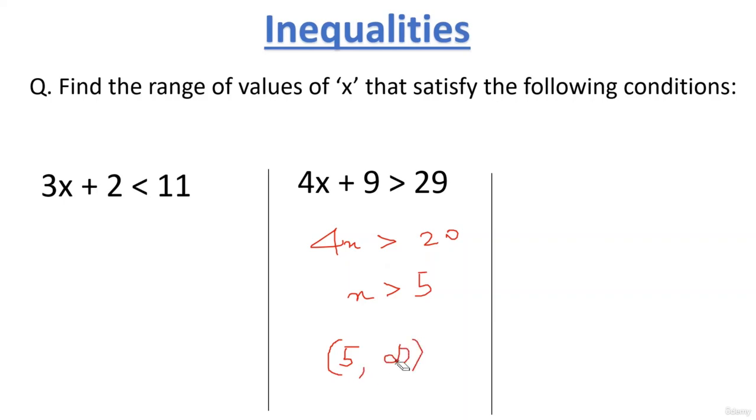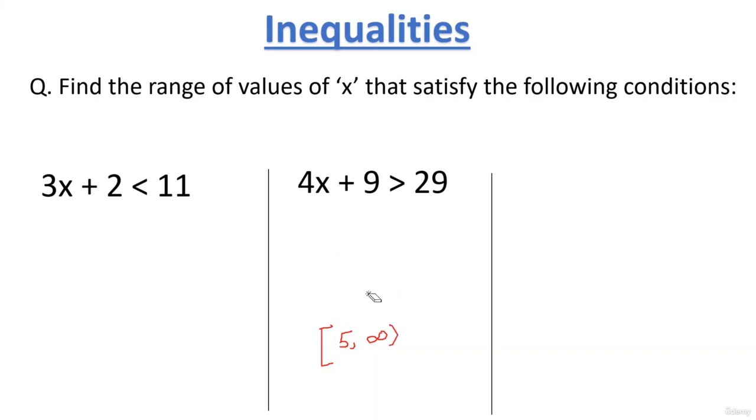Both are round brackets. Now if the question was 4x plus 9 is greater than or equal to 29, x could have been also equal to 5. In that case, we won't have a round bracket. We would have had a square bracket that denotes 5 to infinity, and that indicates that x can be equal to 5.